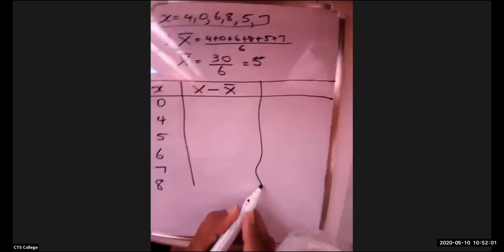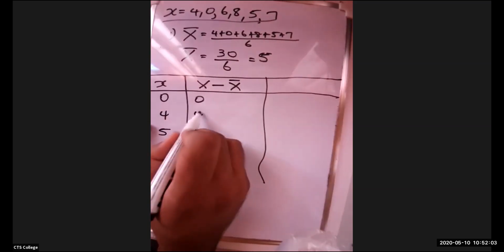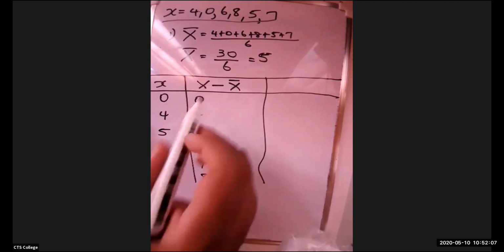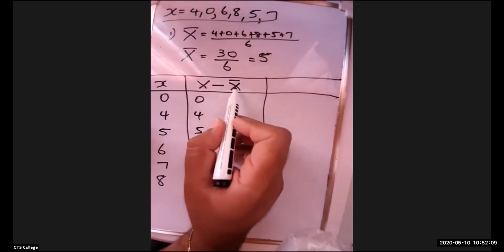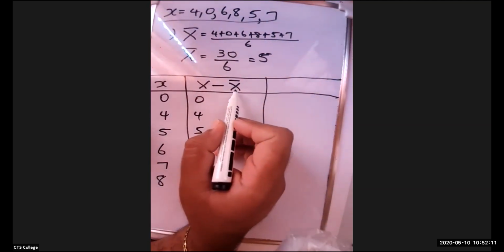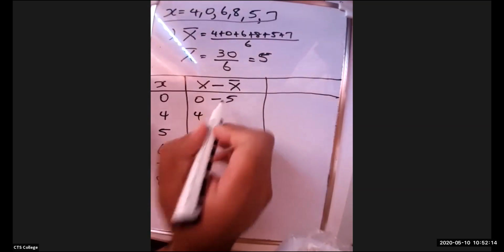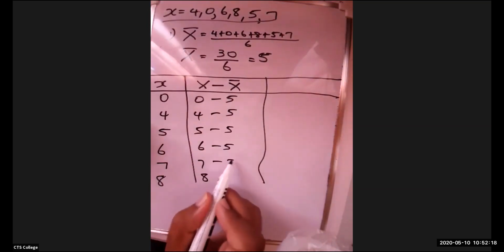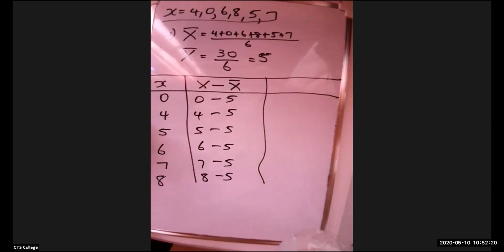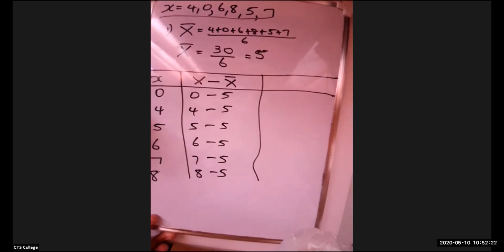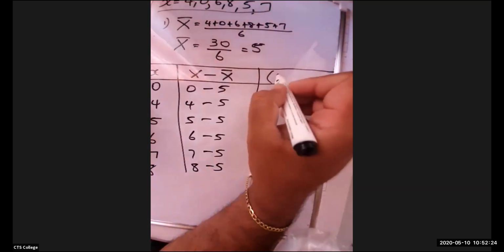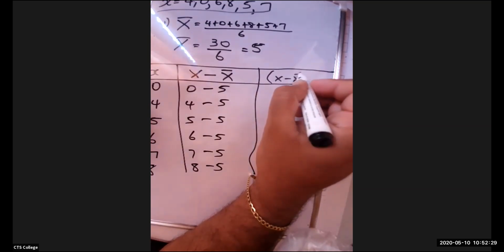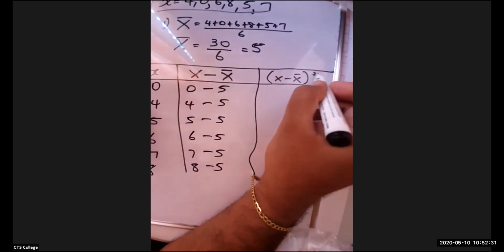So x is 0, 4, 5, 6, 7, 8, and it's x take away the mean. What is the mean? 5. So take away 5, take away 5, take away 5, take away 5, take away 5, take away 5. All right? This next column here is x take away the mean, squared.